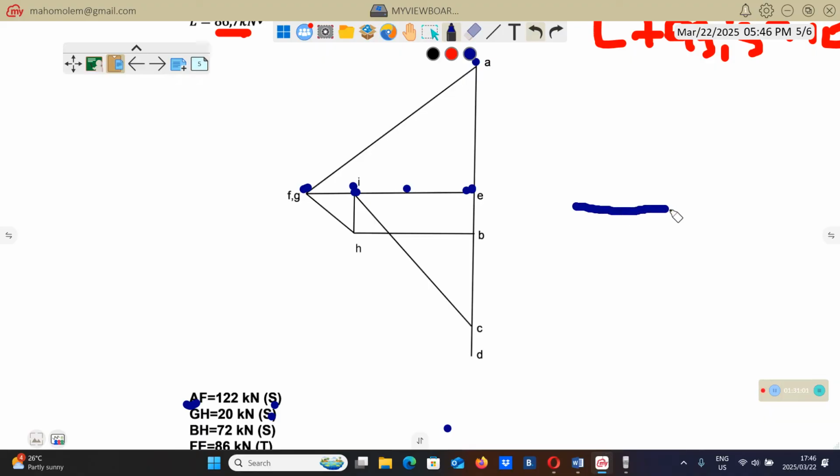So we said that if the arrows are pointing like this and like this, we are going to call that thing a tie. Then if we have arrows pointing like this, we're going to have a strut.